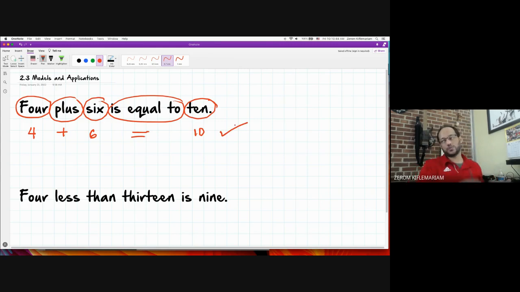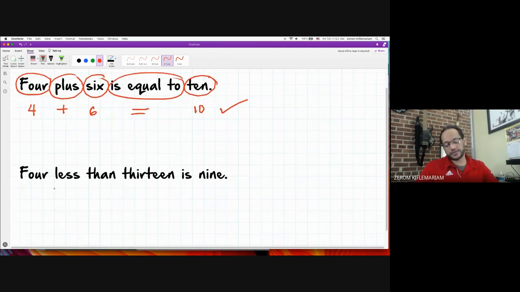So one was word language, the other one was symbolic language, right? So once we are a little bit okay and we're not afraid of how to use mathematical language and symbolic language, I think word problems will be a little bit easier.